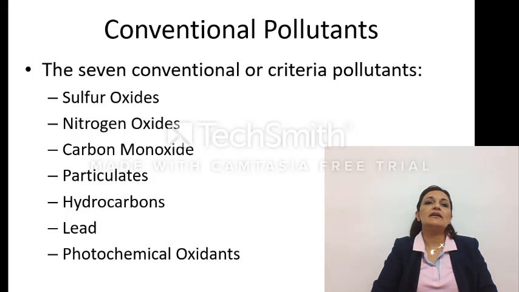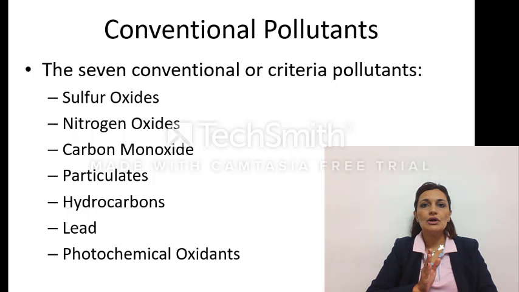Then other than the SOx, NOx, COx, we will have particulate matter, dust, smoke, hydrocarbons, the ones that we discussed, volatile organic compounds, CH4, methane, lead, and photochemical oxidants. These are the conventional pollutants.